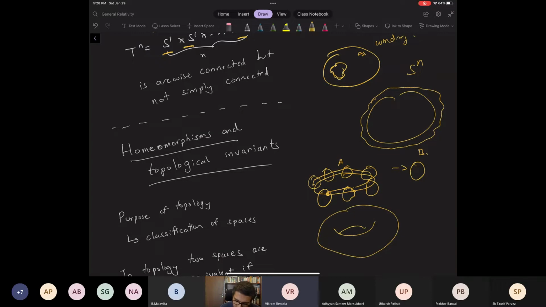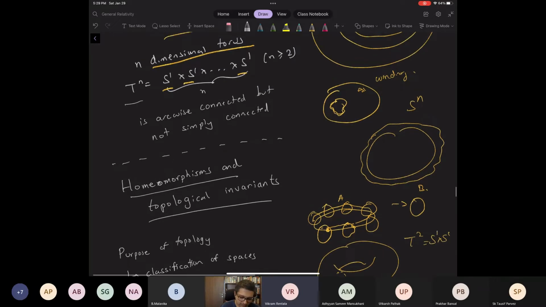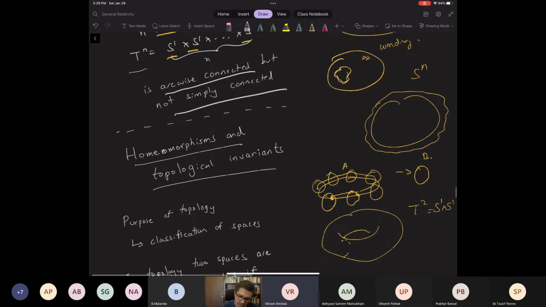So a donut or a torus is basically an S1 cross an S1, and I can think of it as one circle connected through many circles which I glue together like this and go around, and that forms a donut. As we've already discussed, this is also true for an n-dimensional torus: the torus is arcwise connected, but it's not simply connected.